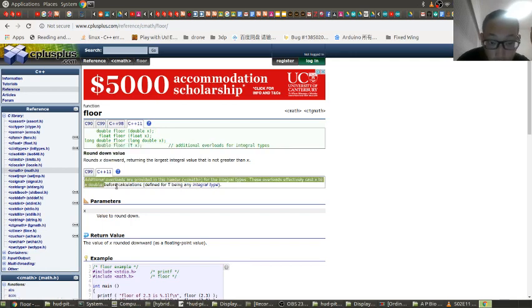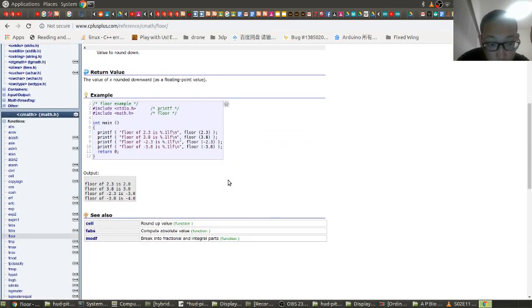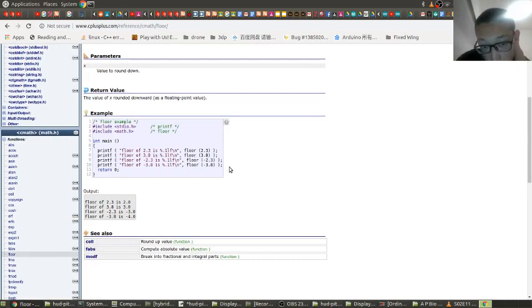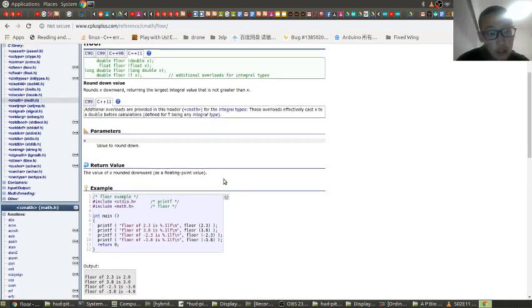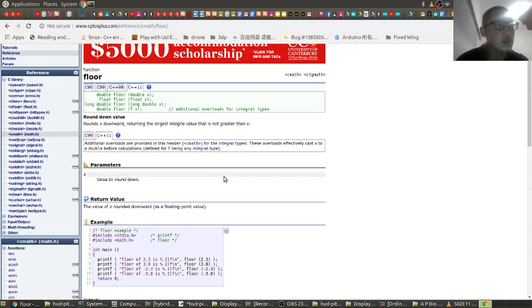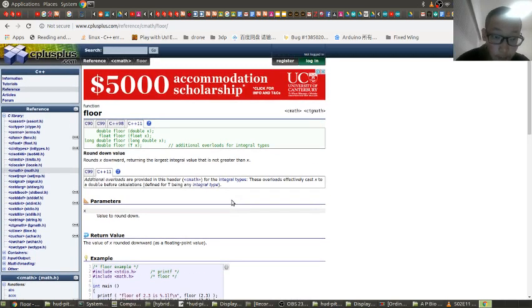Yeah, hold up 1 second. Yeah, round x downwards returns the largest integral value that is not greater than x. Right? So we know that clearly works for positive numbers, so we just gotta make sure it works for negative as well. So let's go through this.